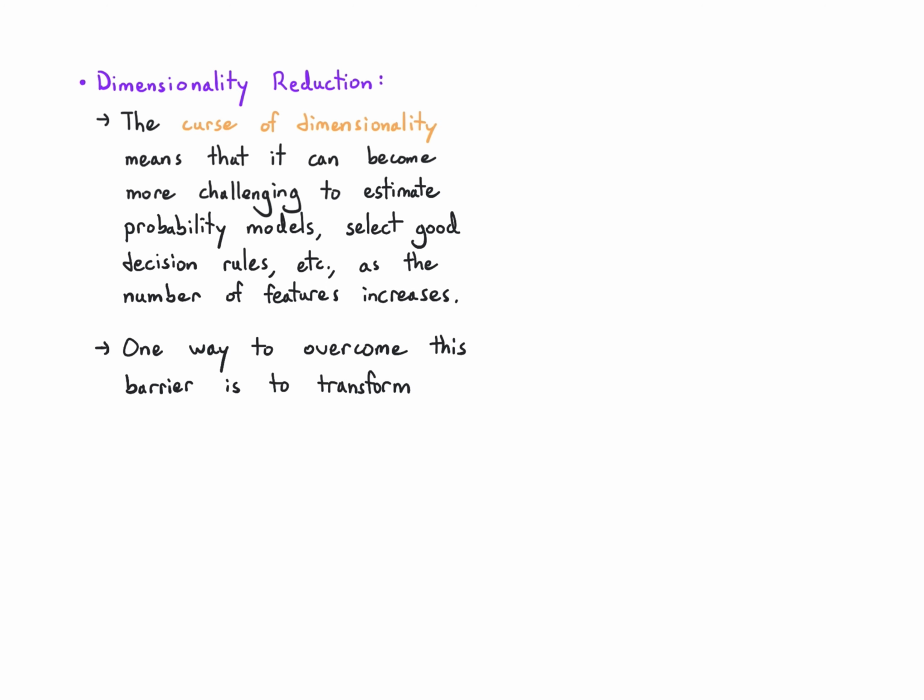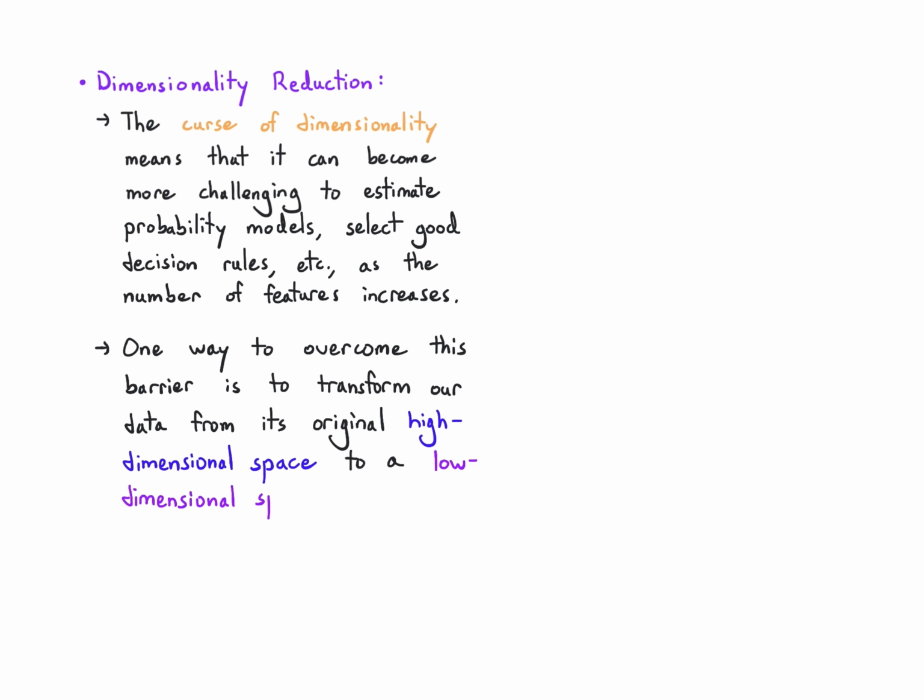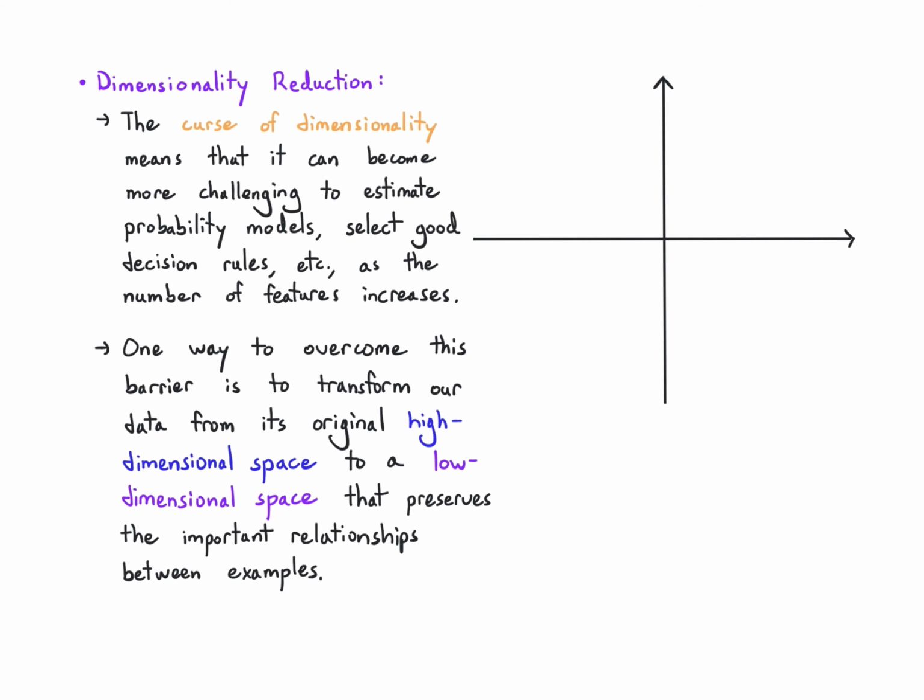And what we want to do is to do that by transforming the data from its original high dimensional space to a different low dimensional space that preserves all of the important relationships that we need for our algorithm, right? So we can do this mapping just by throwing out coordinates, but ideally we do this in a way that keeps all the important relationships.